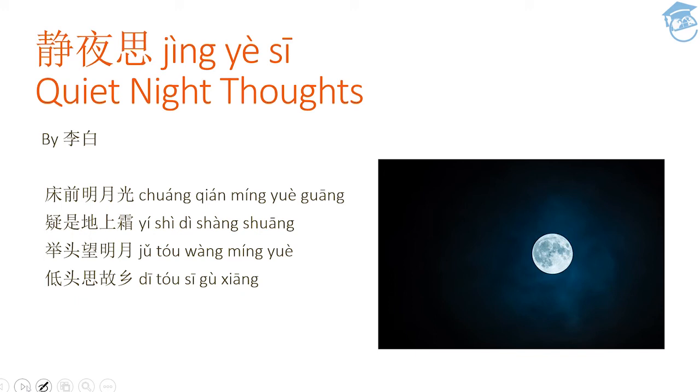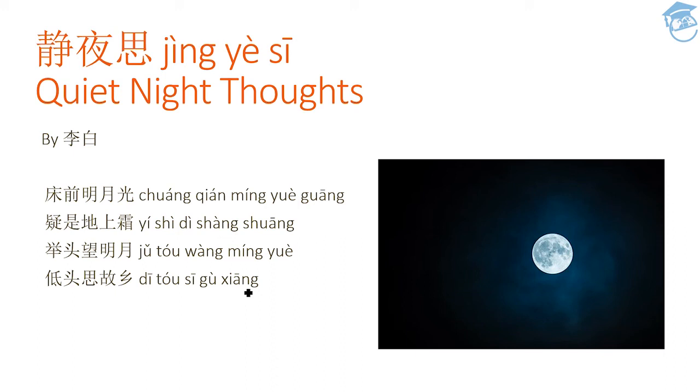It has a lot of description of the surroundings and also actions that make you think about your hometown. And you can see that this has rhymes in it, like 光, 霜, 乡. It has a strict rhyme in it.